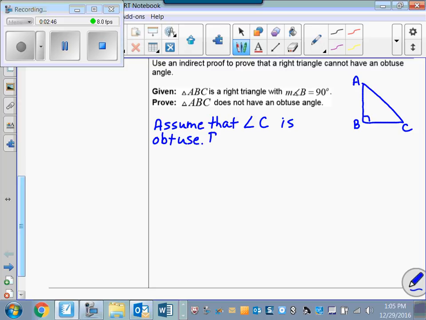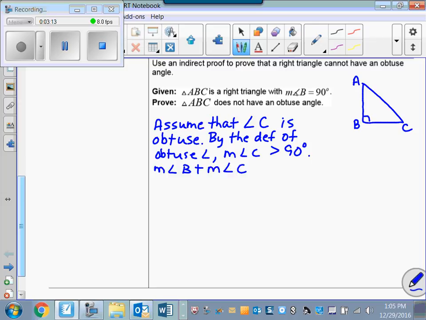By the definition of obtuse angle, the measure of angle C is greater than 90 degrees, right? I know that because of the definition of obtuse angle. Therefore, the measure of angle B plus the measure of angle C is going to be what? It's going to be greater than 180 degrees, right?